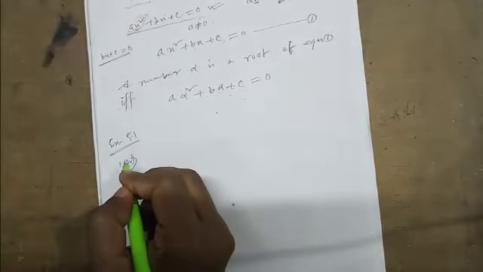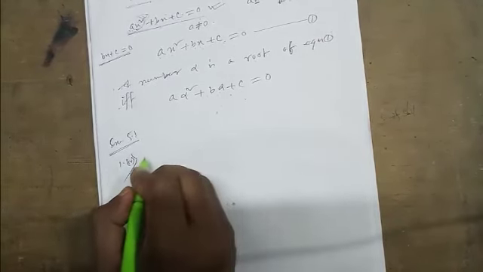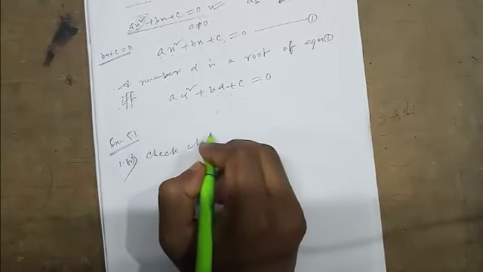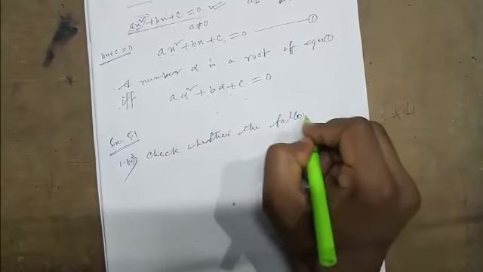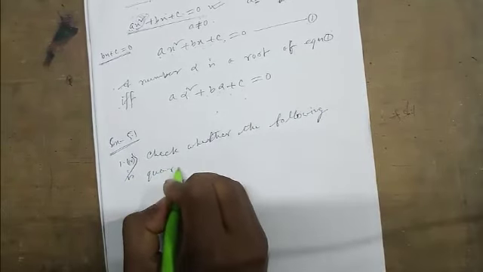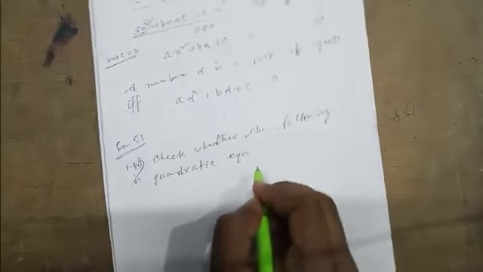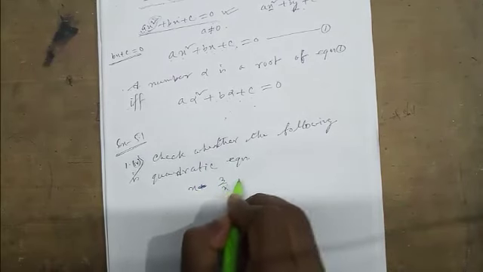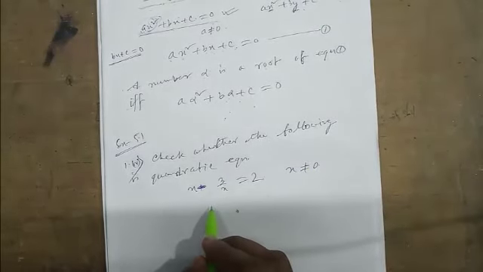Check whether the following is a quadratic equation, and the equation is x minus 3 by x equal to 2, x not equal to 0. We have to check whether this equation is a quadratic equation or not.